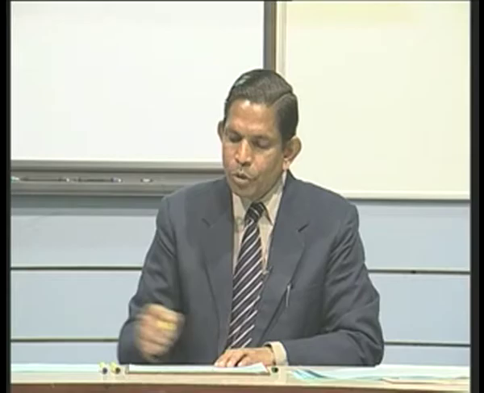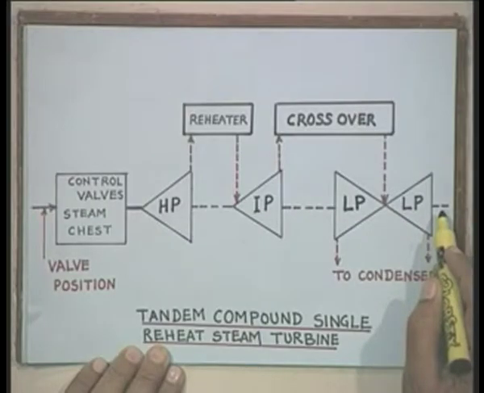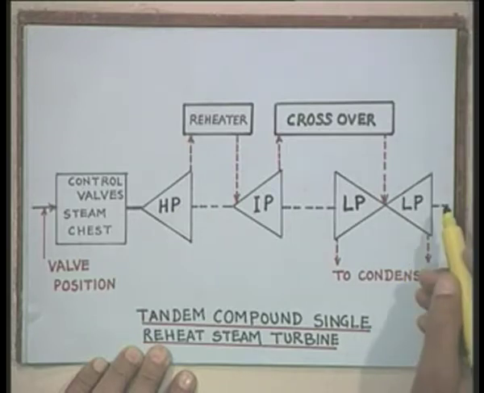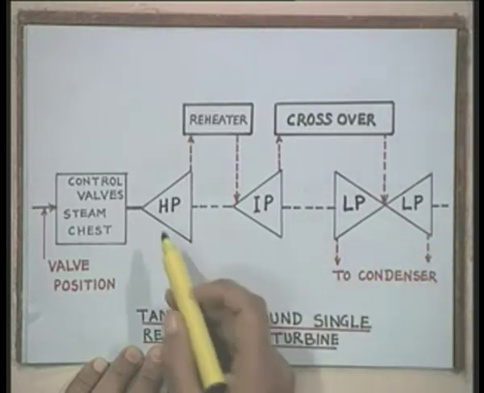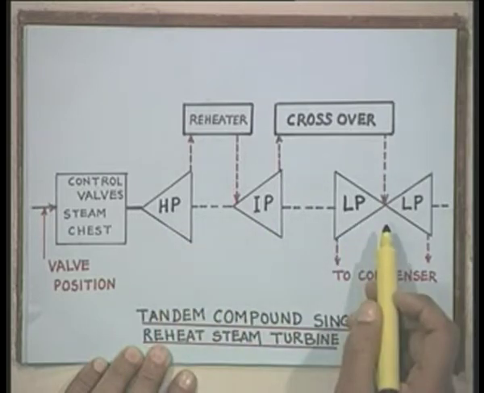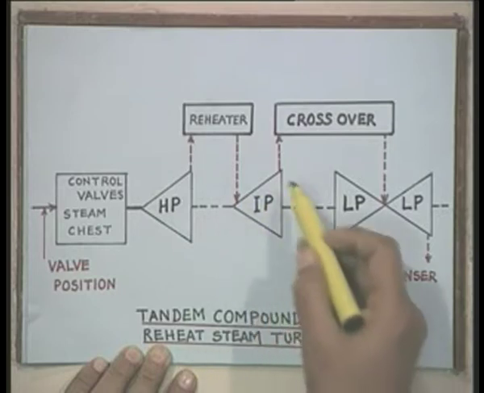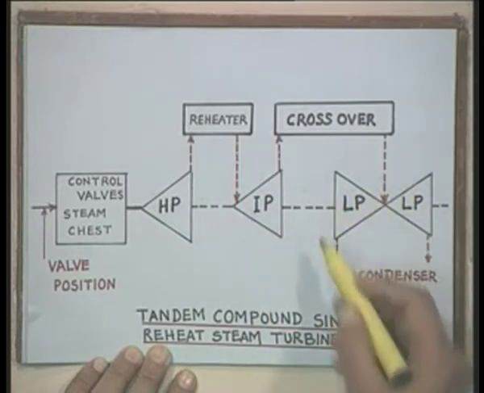Further, suppose the total mechanical torque developed is Pm. This total mechanical torque is developed in these three sections. A part of it is produced in the high pressure section, a part in the intermediate pressure section, and a part in the low pressure section.